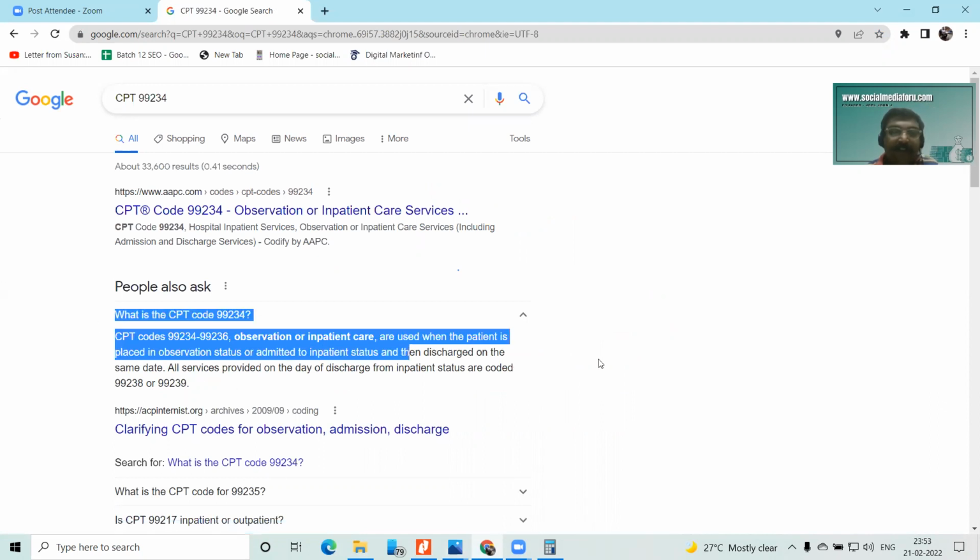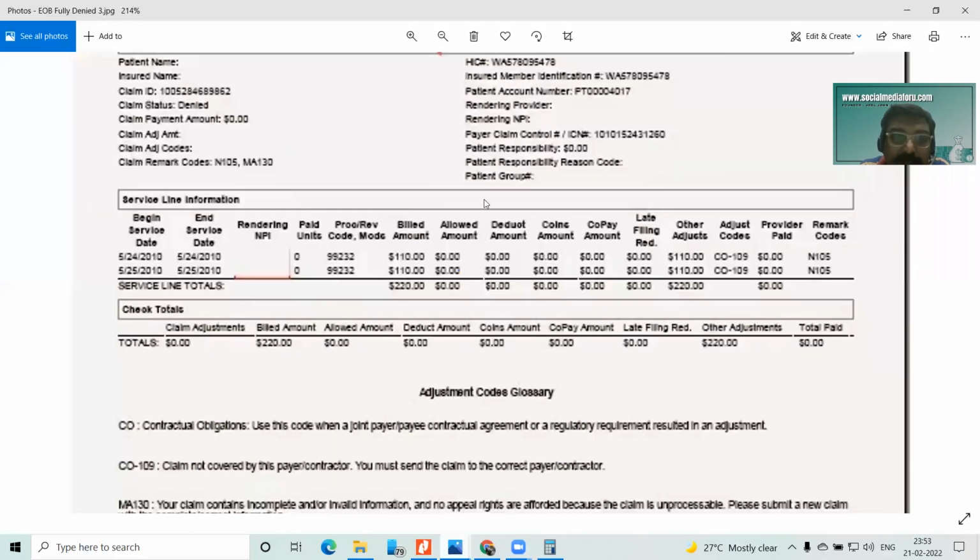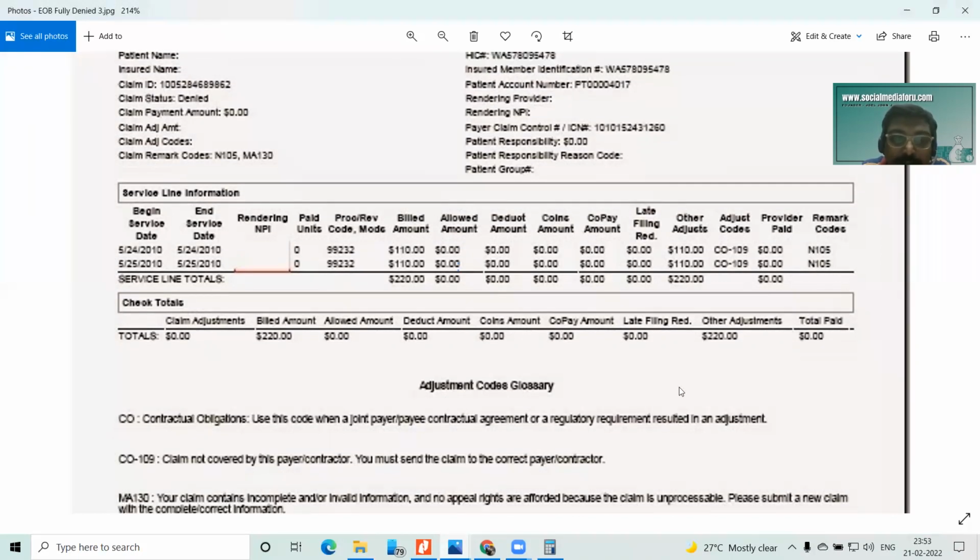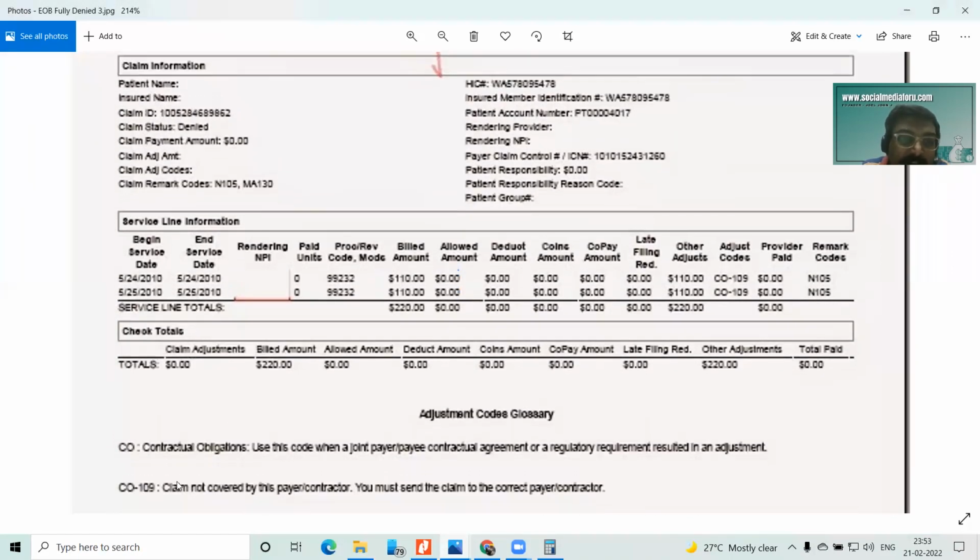So it's for observation. This is not covered as per the plan, so they have denied it. So this is the entire billed amount. Total paid is 0 because everything is denied by the denial code.